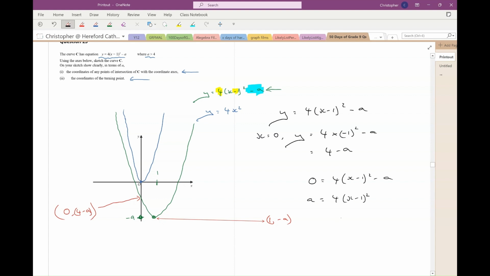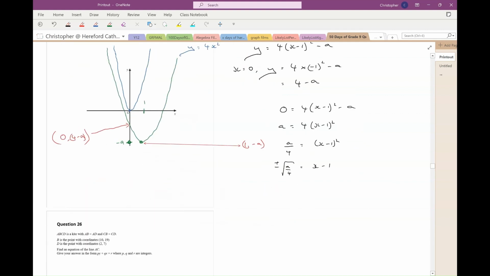Let's divide both sides by 4. Let's square root both sides. Plus or minus the square root of a over 4 equals x minus 1. And let's add 1 to both sides. So x is going to be 1 plus or minus the square root of a over 4.